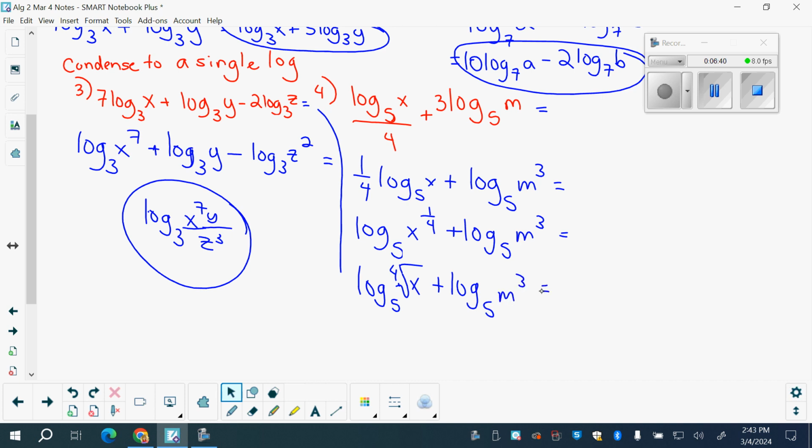So this is addition, so we can rewrite it as log base 5. It's just clearer if we put the m to the third first times the 4th root of x. So that would be your answer. Okay, so my suggestion would be to write that down somewhere if you had trouble with that one.